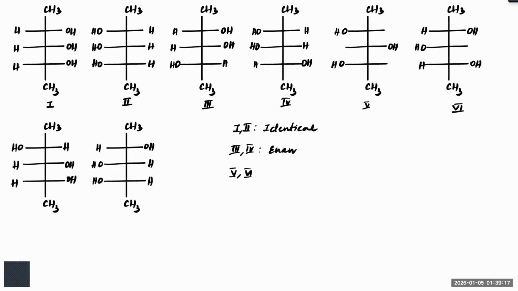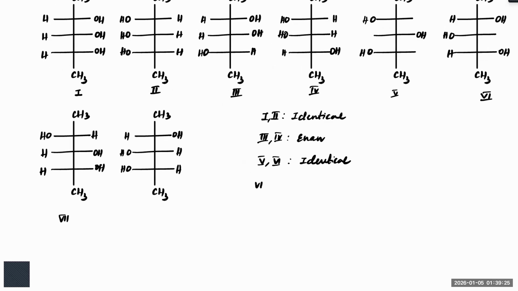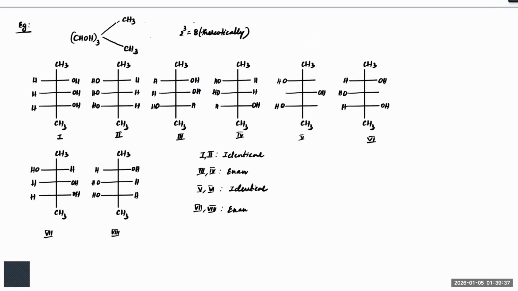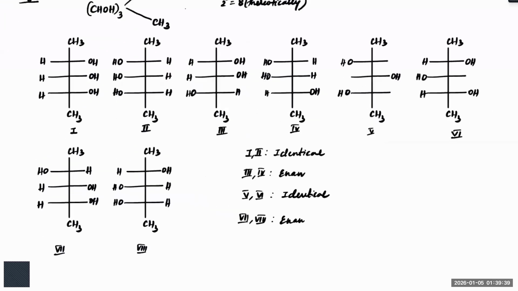So 5 and 6 are identical. Next. Here we have 7 and 8. If you compare, these again look to be enantiomers. So it appears like we have many compounds.